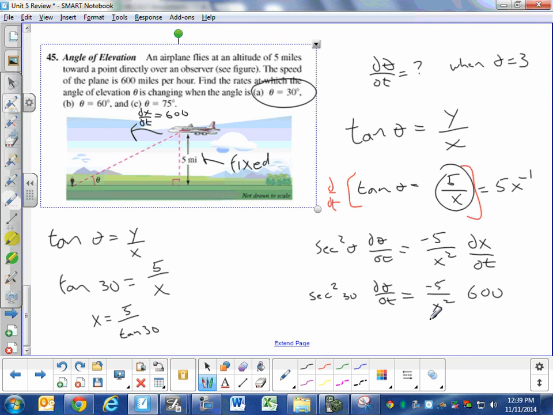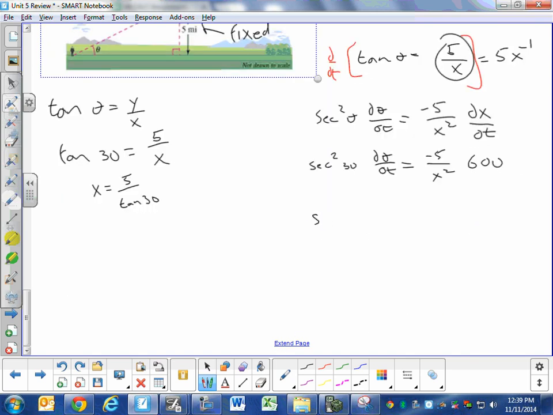Whatever. So I have secant squared 30 d theta dt is equal to negative 5 over, let me make sure I have that right, 1/2 root 3 over 2. Okay, 5 root 3. That's not bad. 5 root 3 squared.